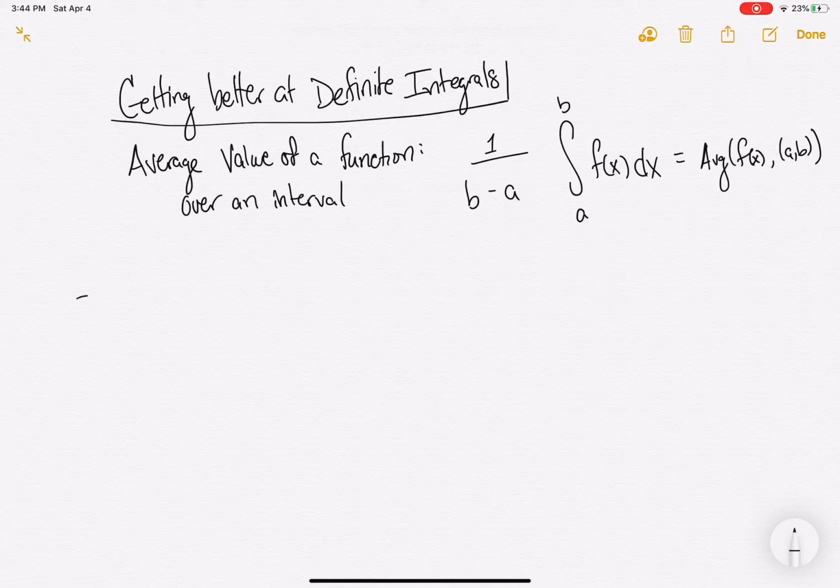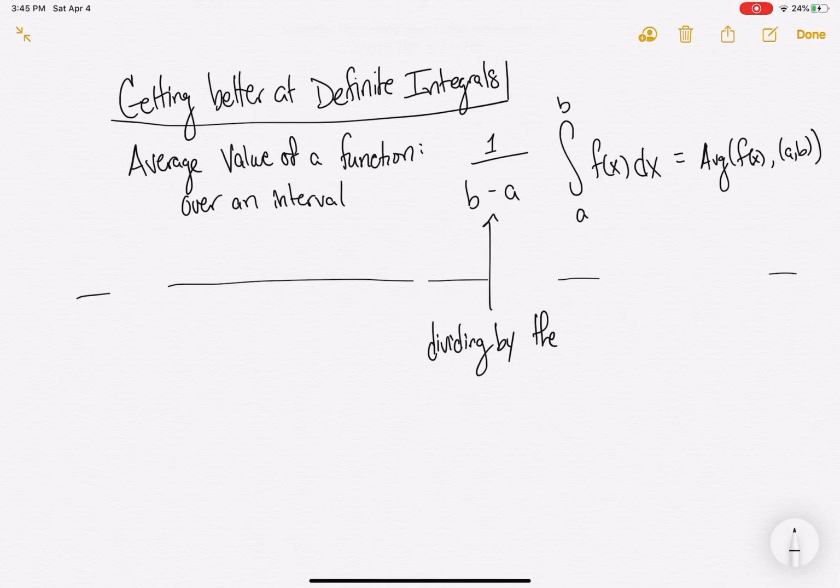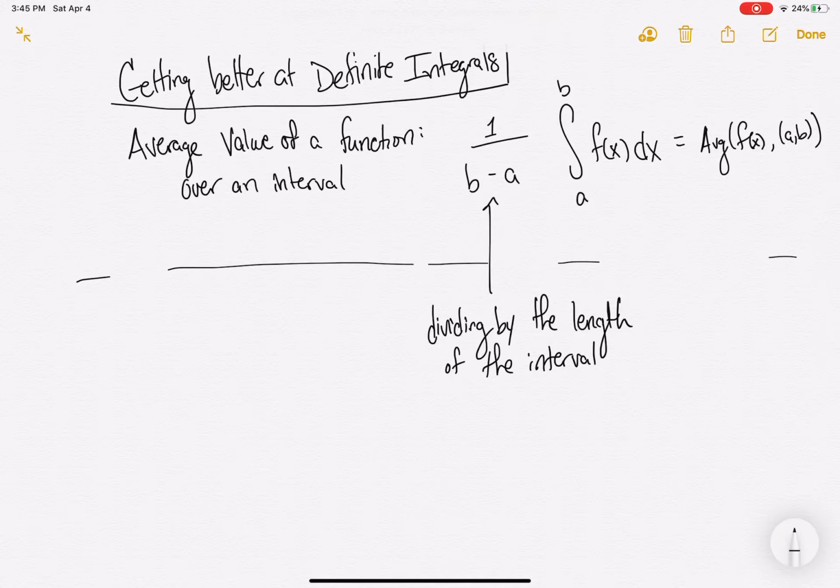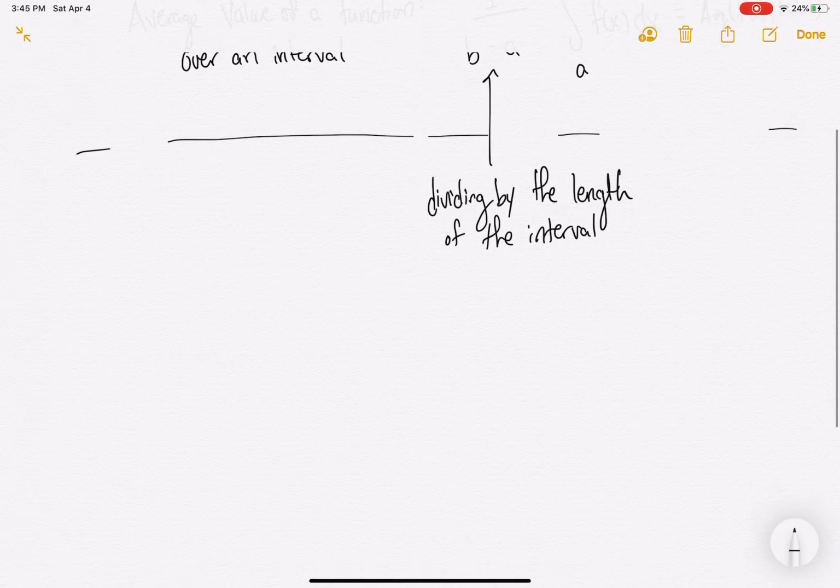And why do we call this in particular the average value? Well, all we're doing is, if you think about this, dividing by the length of the interval. So what does this average value really say?